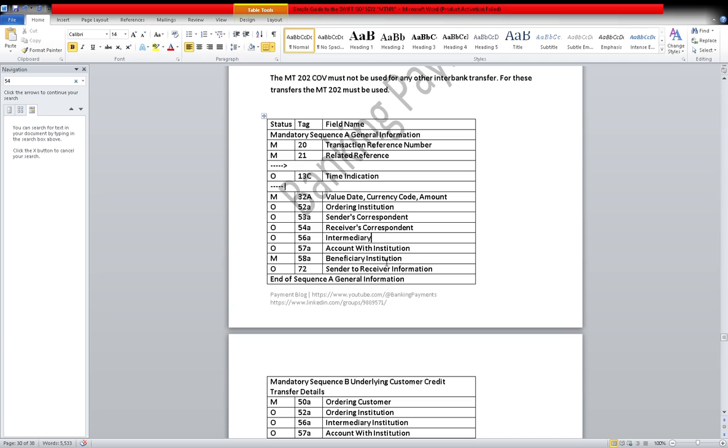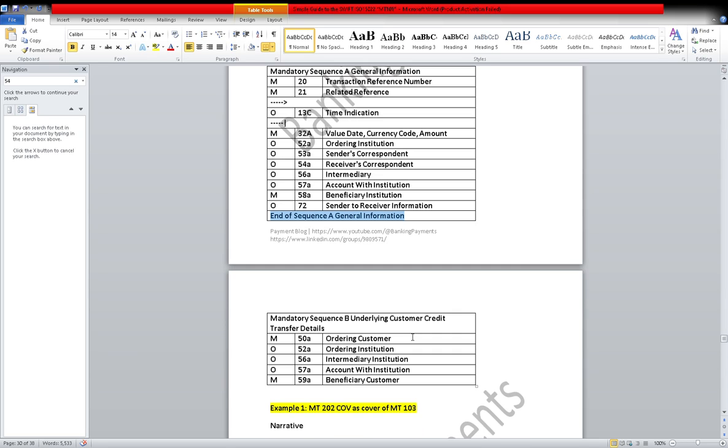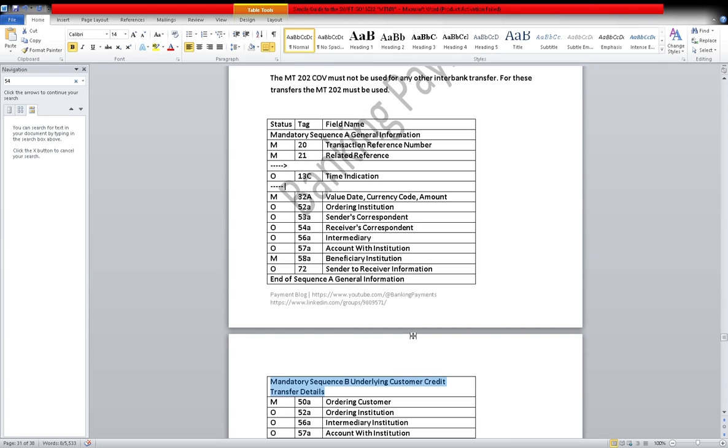Sometimes in payments there is a concept called sequence A and sequence B of the payment. For example, here is mentioned end of sequence A, and here is mentioned mandatory sequence B underlined. The fields which get repeated somewhere are mentioned in a different sequence.